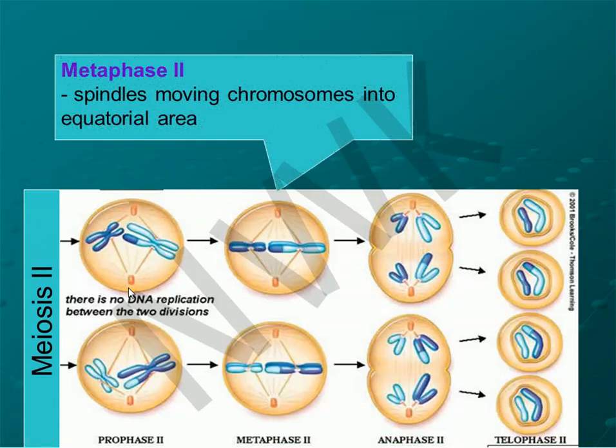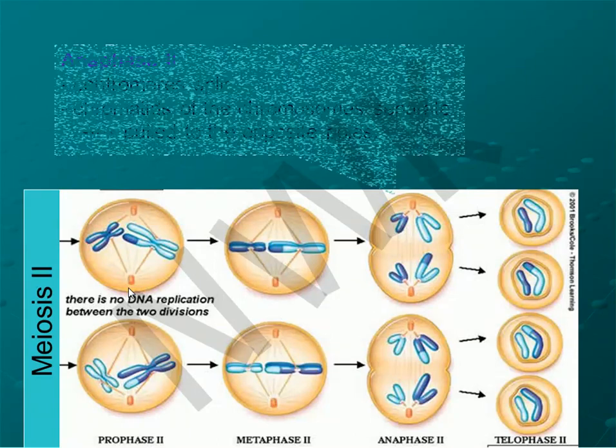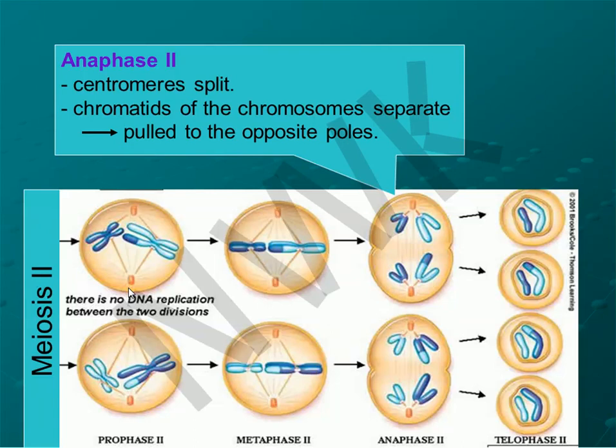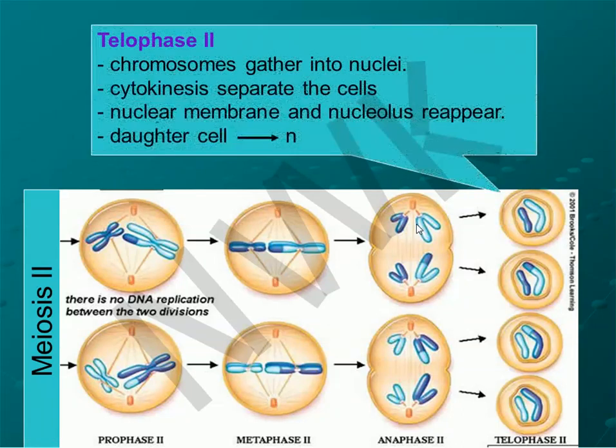Now, in metaphase 2, the chromosomes will align at the metaphase plate, and then they will be pulled to opposite ends by the spindle fibers. The process of pulling, always remember, is led by the centromere. When they reach the ends, they will start to form new daughter cells.